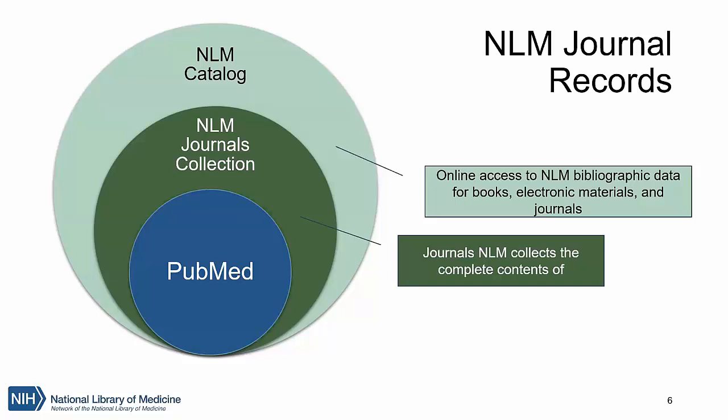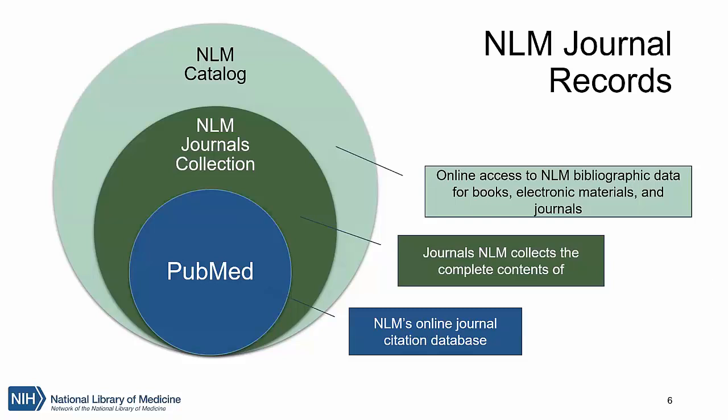The NLM catalog includes records for journals that are not selected for the NLM Journals collection, which is why the NLM catalog circle is larger than the NLM journals collection circle here.